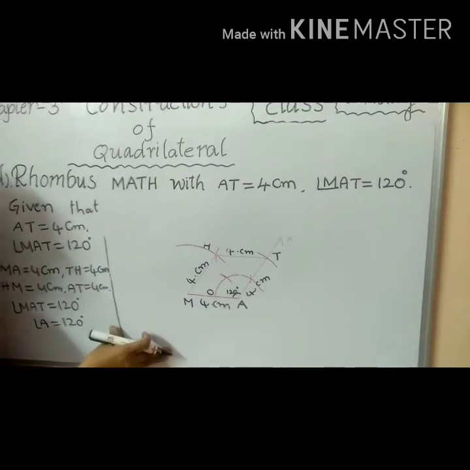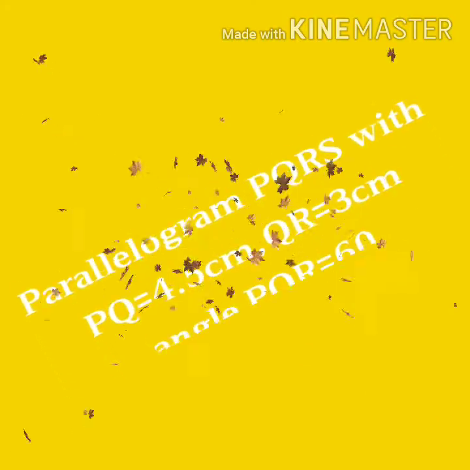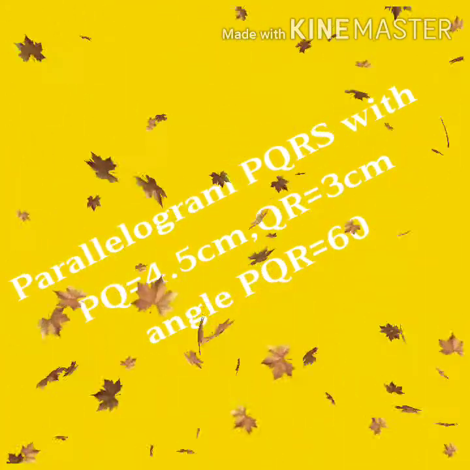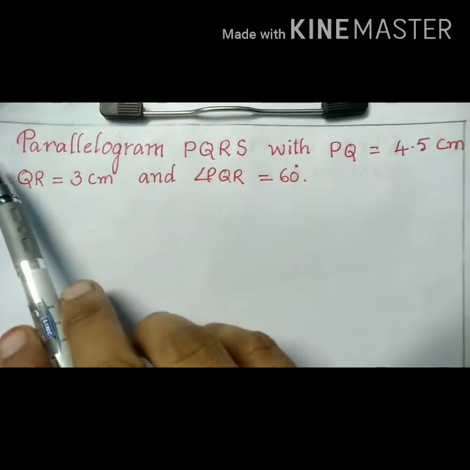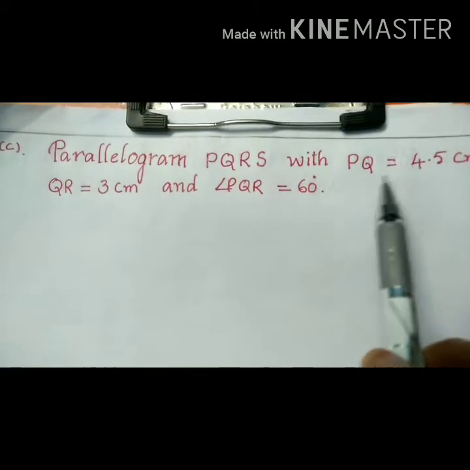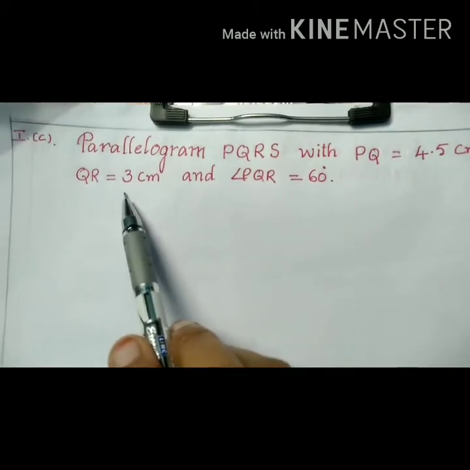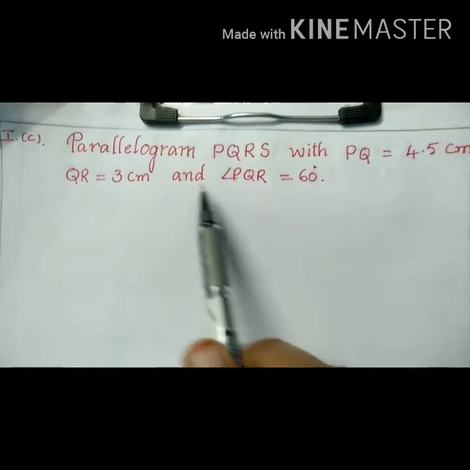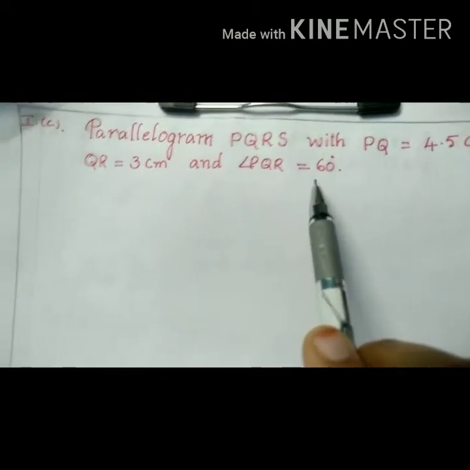Did you understand, children? Okay. Next construction, parallelogram. First Roman, third problem. Parallelogram PQRS with PQ equal to 4.5 centimeters, QR equal to 3 centimeters and angle PQR equal to 60 degrees.